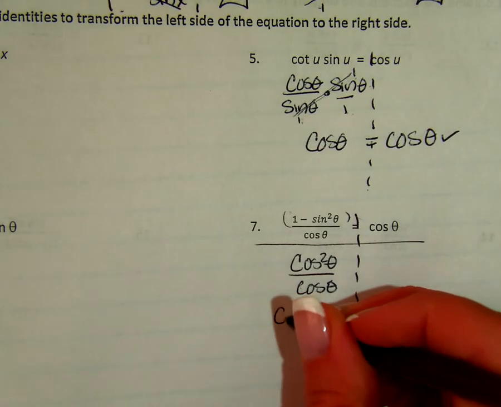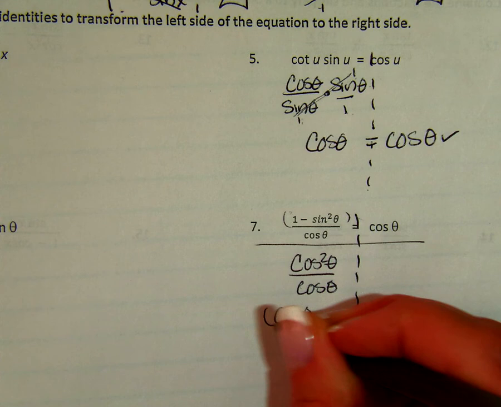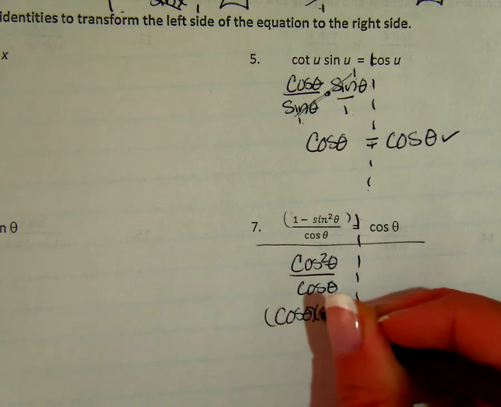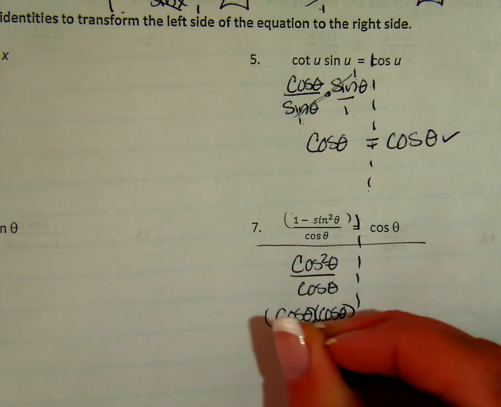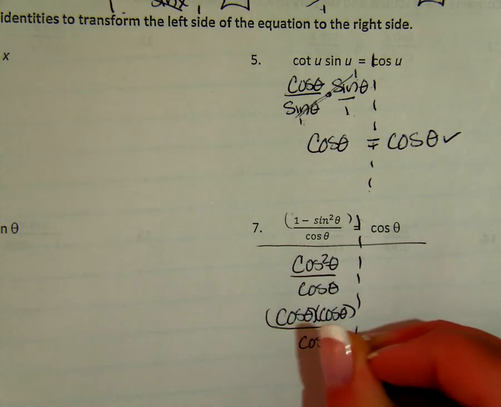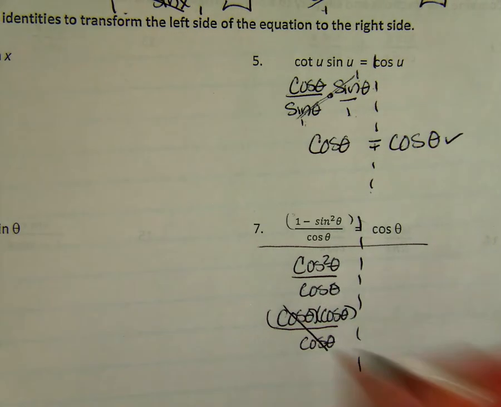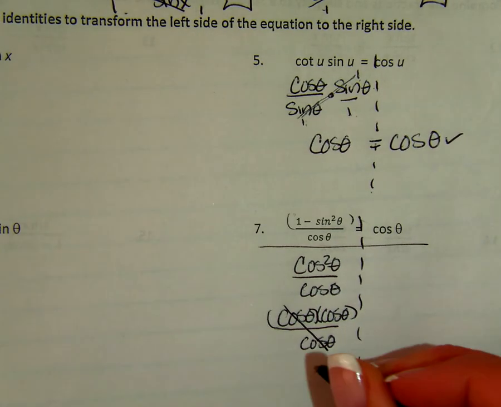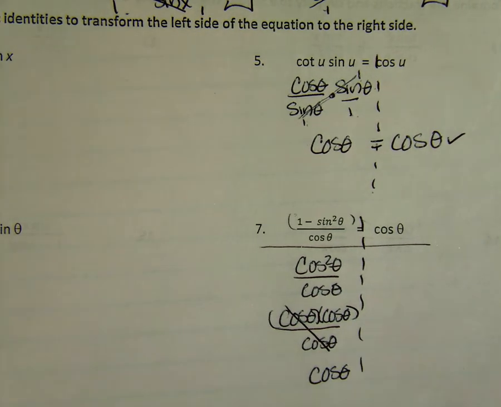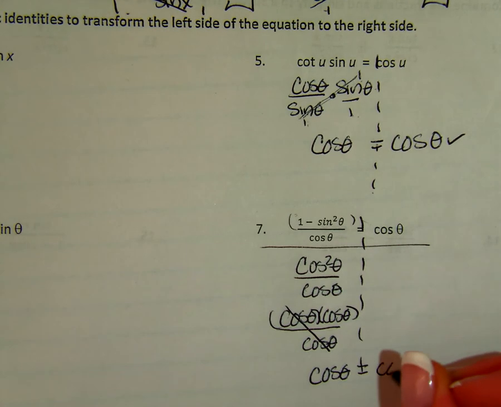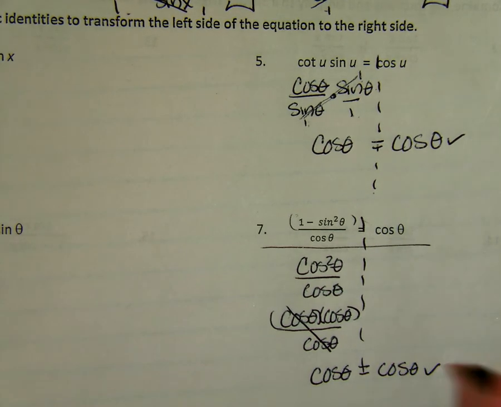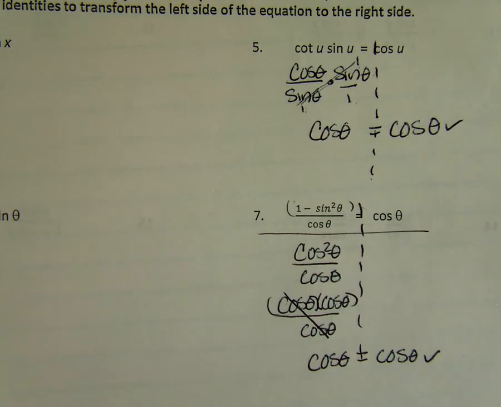It means to multiply it by itself. So cosine squared would be just cosine multiplied by cosine. Those would divide out, and we're just left with the cosine of theta. Lucky us, that's what we have on the right side, so we verified the identity.